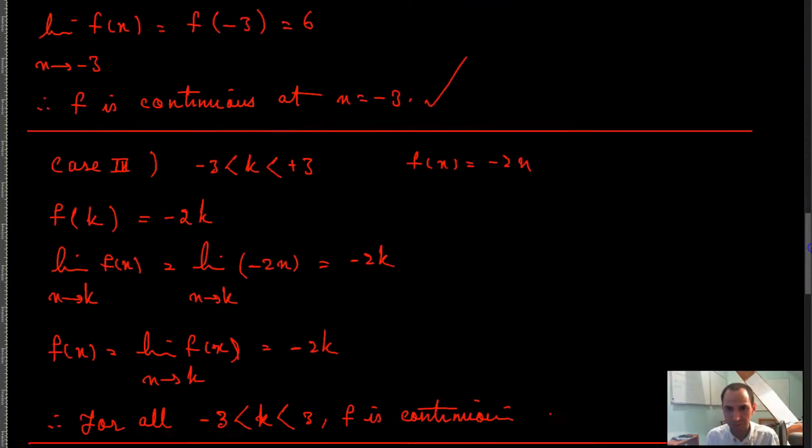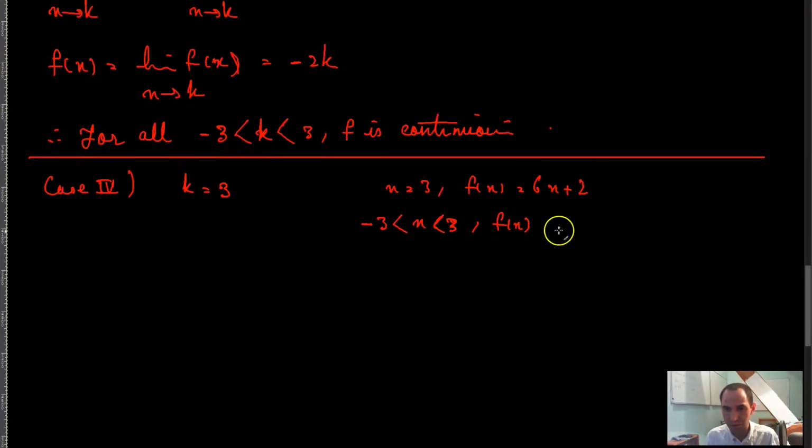And therefore at k equal to 3, f of k becomes 6k plus 2.